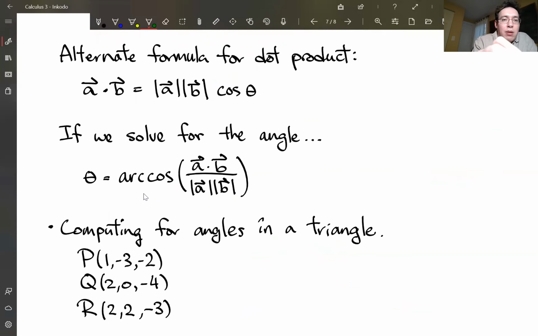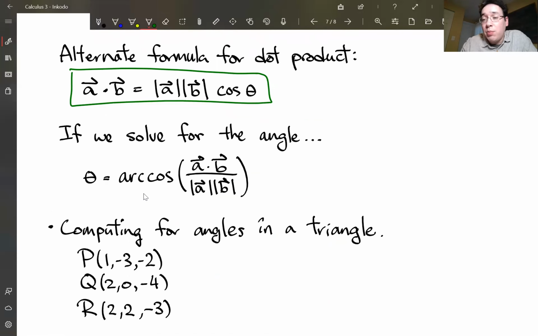Okay, here we go. So the dot product could also be computed by multiplying the magnitudes of the two vectors A and B, and multiplying by the cosine of the angle between them.